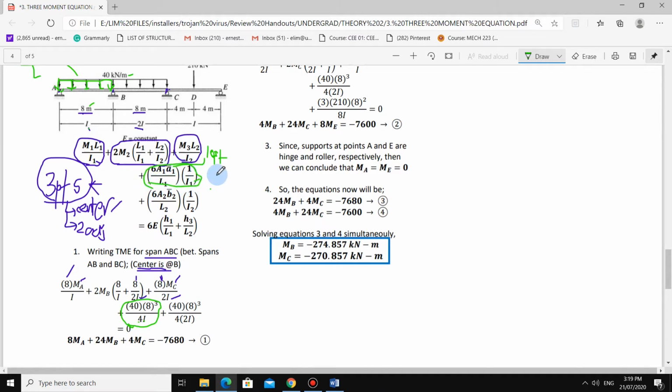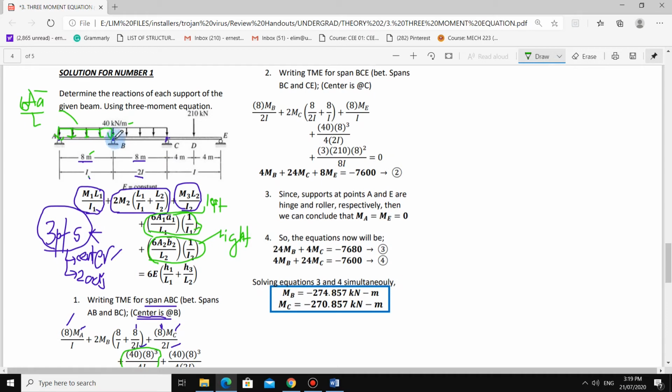Then plus the other one, 6A B bar over L times 1 over I2. Where is this? This is on the right side, the right side loading of the center. If B is the center, then on the right side is segment BC. Again, what is the loading here on the right side?